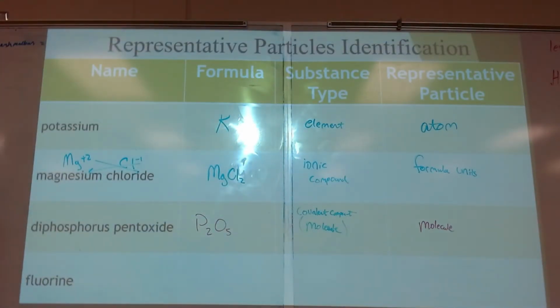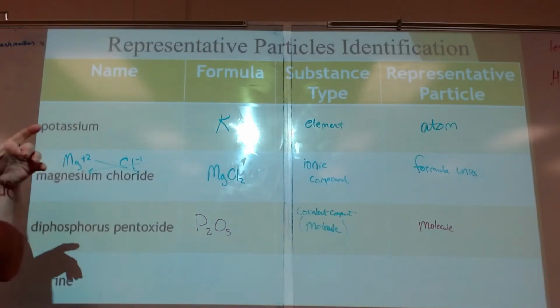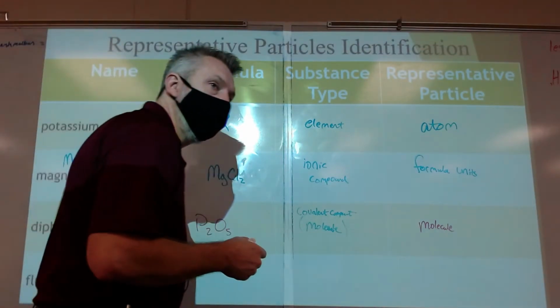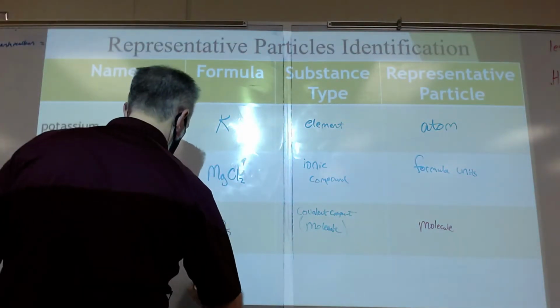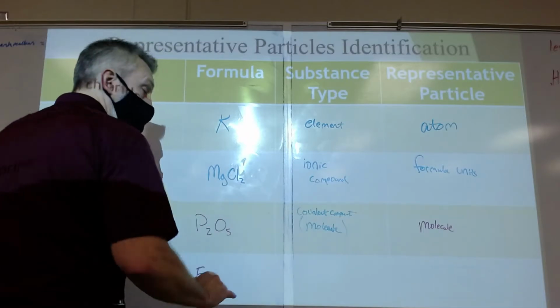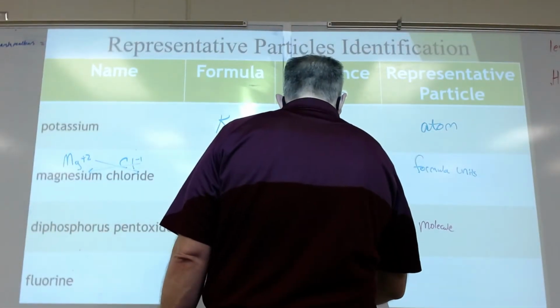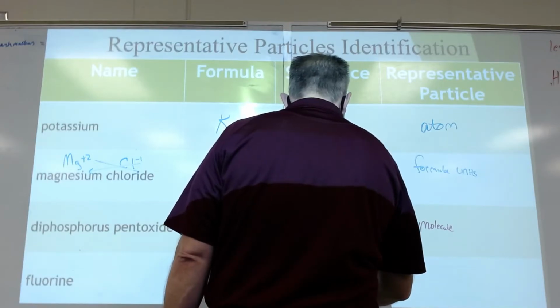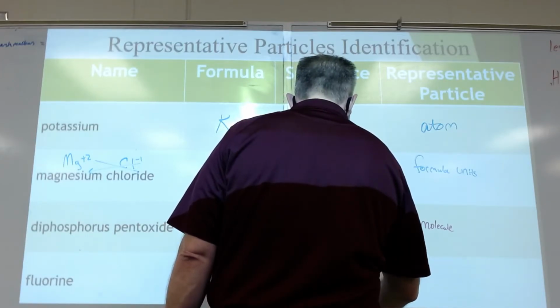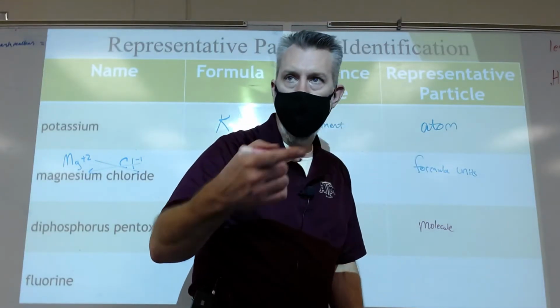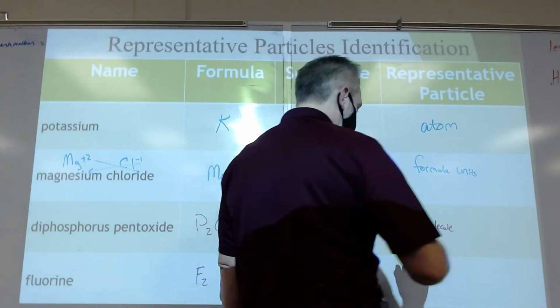How about fluorine? Formula for fluorine is F2. Y'all get that? Fluorine's F2. So that's a diatomic element, and diatomic elements, because they're diatomic, would you call them atoms? No, they're also molecules.